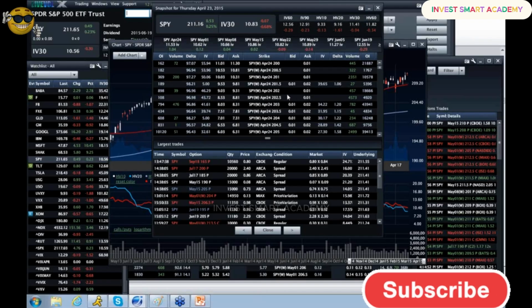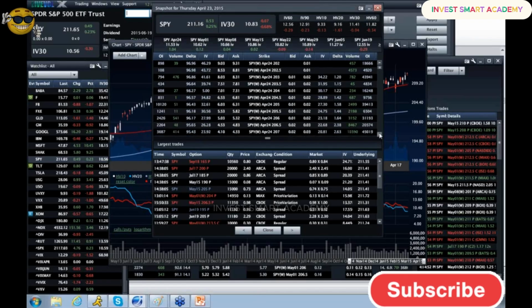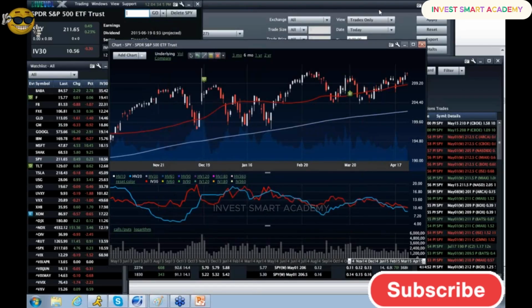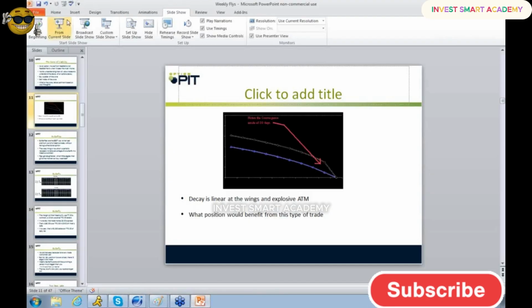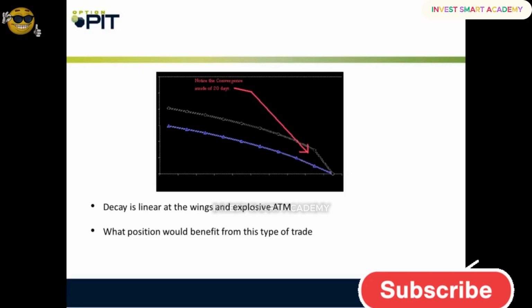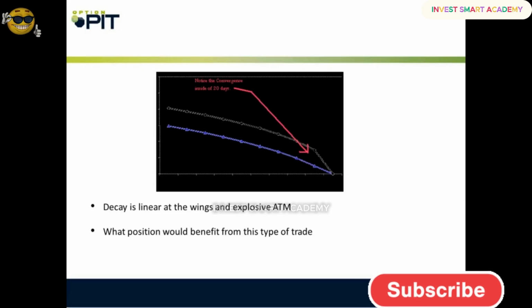Look at this. These things will decay forever. They take forever. So we've now got this setup where I've got this exploding decay at the money, and I've got wings that are linear, and then get to a certain point and basically stop decaying.